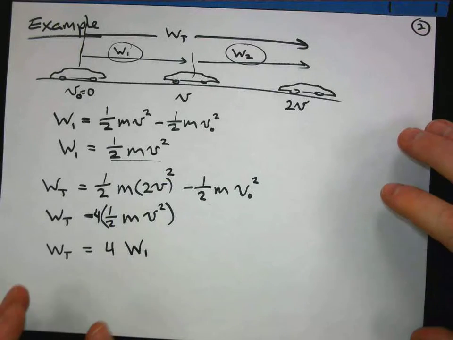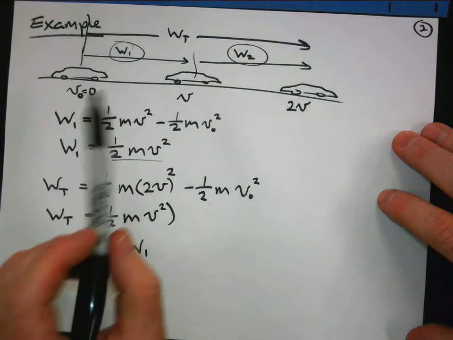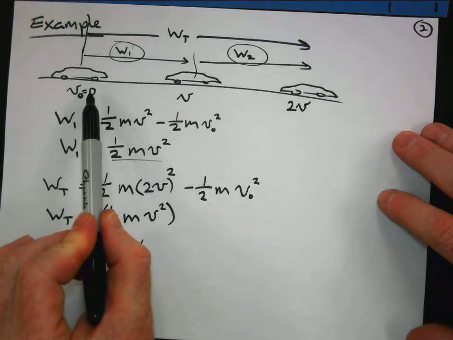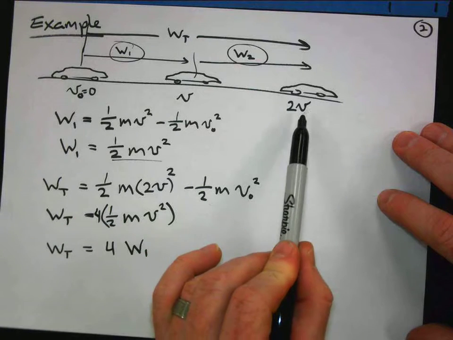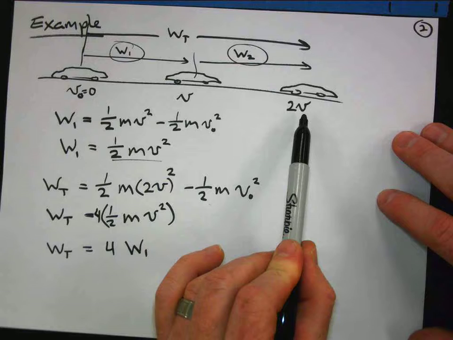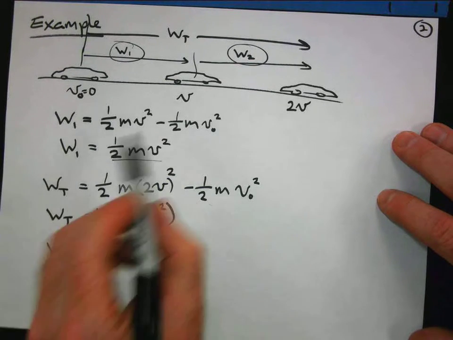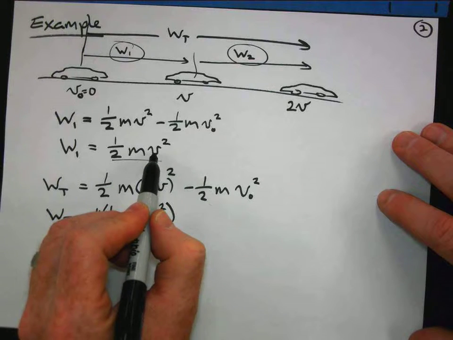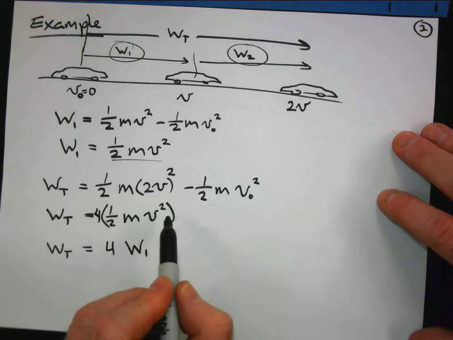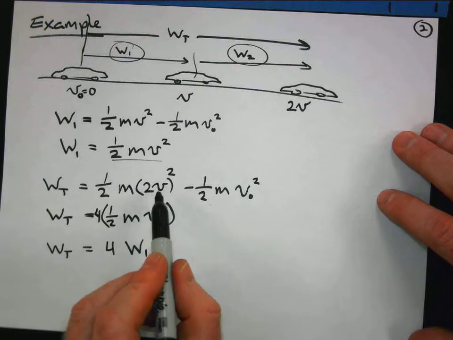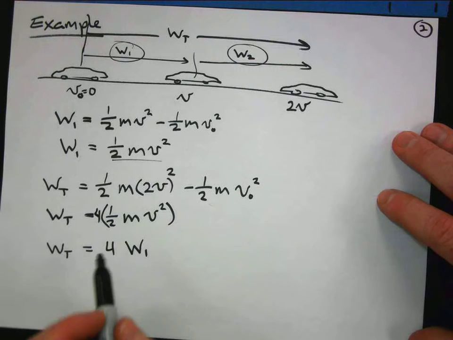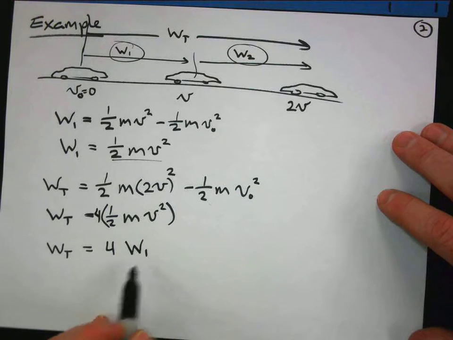So this is very interesting. To get the velocity to be twice as fast, I didn't have to do twice the amount of work. Instead of achieving a final velocity of v, I achieve a final velocity of 2v, twice as fast. In order to do that, I had to do 4 times the amount of work.